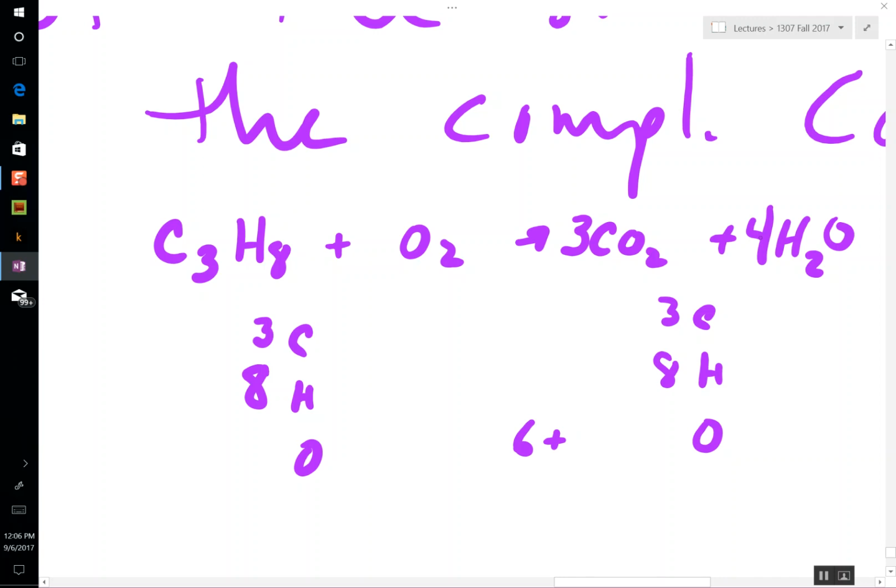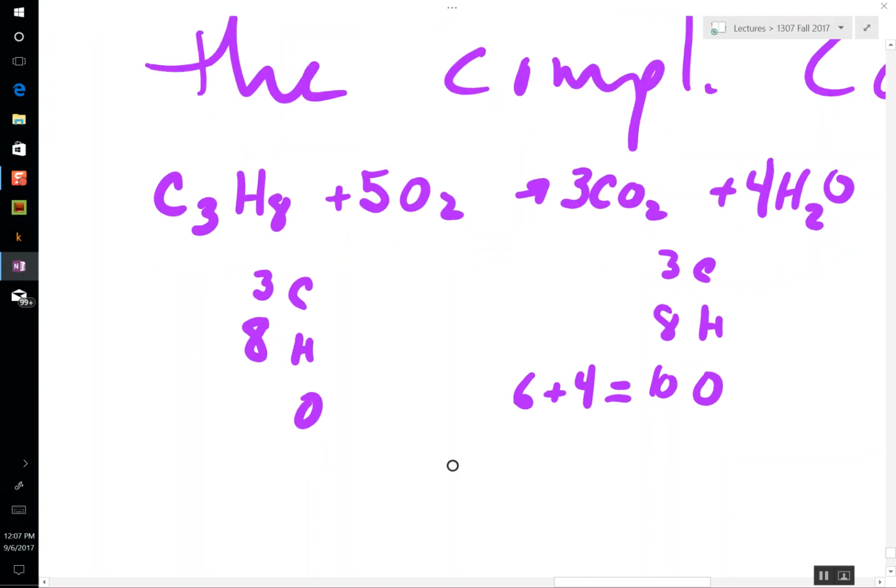And 4 times 1, H2O, there's a 1 there, not written. There's only 1 oxygen. 4 times 1 is 4, is 10 oxygens. So what do we need here?